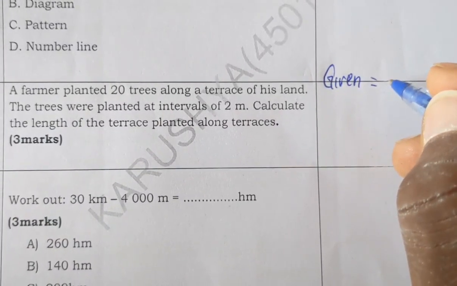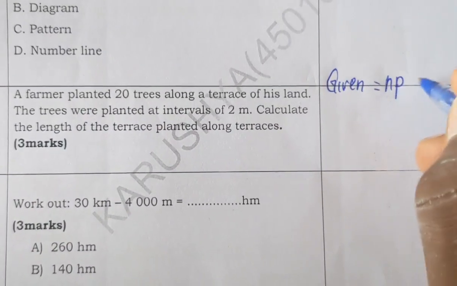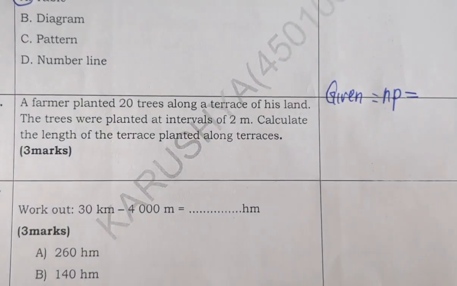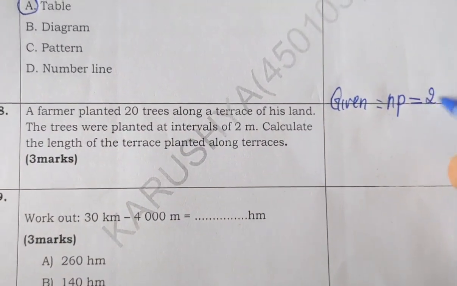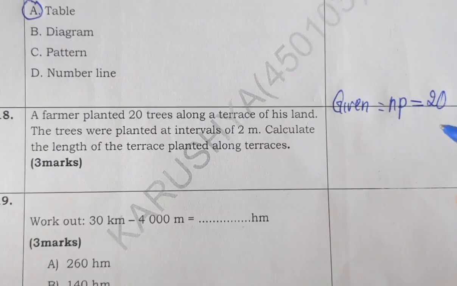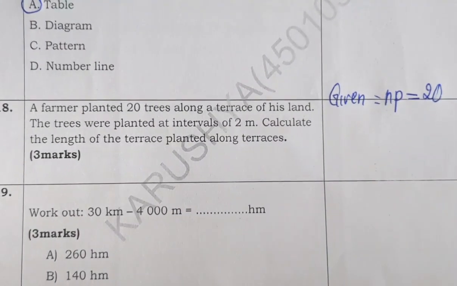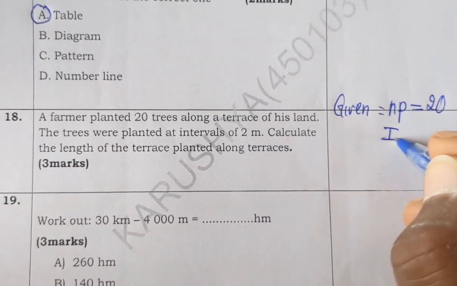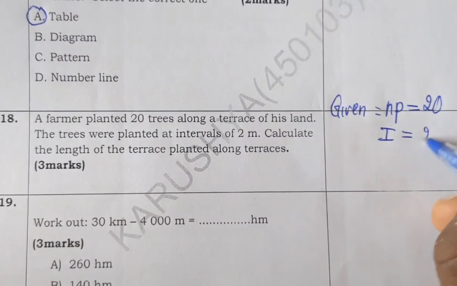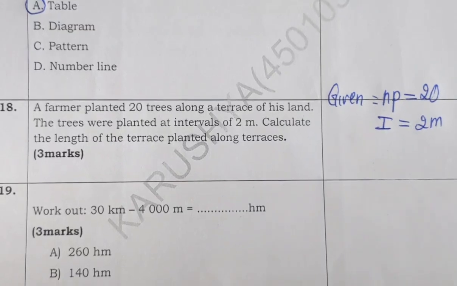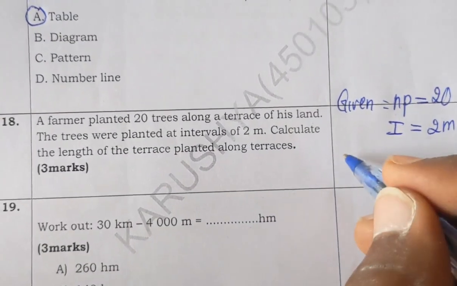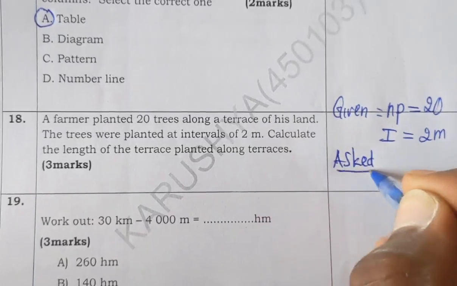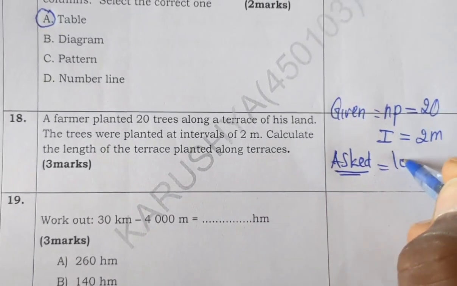I'm going to represent the number of poles as NP. Here it will become 20. Then the trees were planted at an interval. Then the interval is 2 meters. And then here calculate the length. Once they ask, here is length.